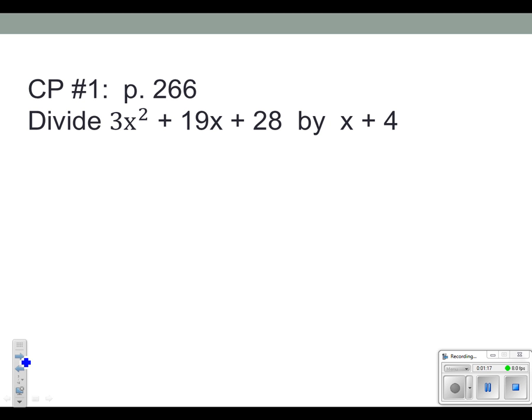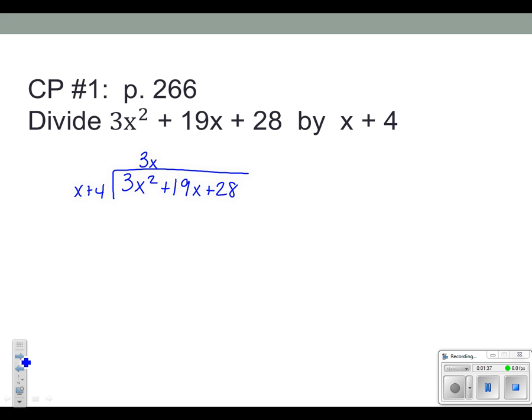If we have 3x squared plus 19x plus 28 divided by x plus 4, the division process is just going to have us figure out how many times x would go into 3x squared. It would go in there 3x times.